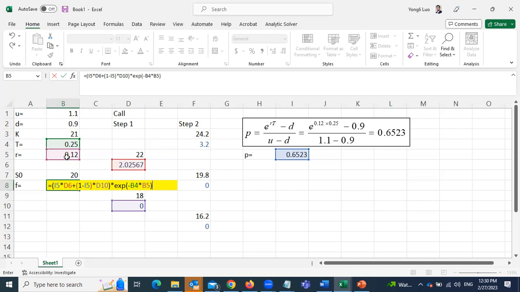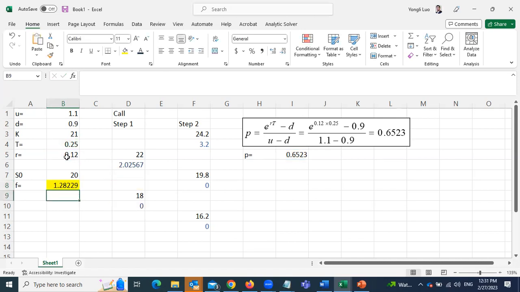So that is the way we can solve for the call option. Okay, so this is the call option, and when you click enter, you will see the number, right? 1.28. That's how much the call option is supposed to sell on the market.